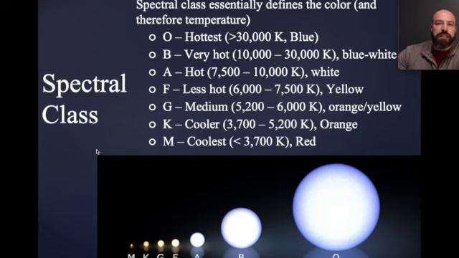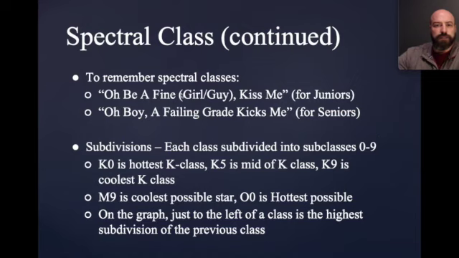But this is the hottest to the coolest, and they are associated with temperatures as well as colors of the stars. You can remember those. There's a couple of sayings. Oh, be a fine girl or guy, kiss me. O, B, A, F, G, K, M. For some others, oh boy, a failing grade kicks me. I'd be very sad at this time.